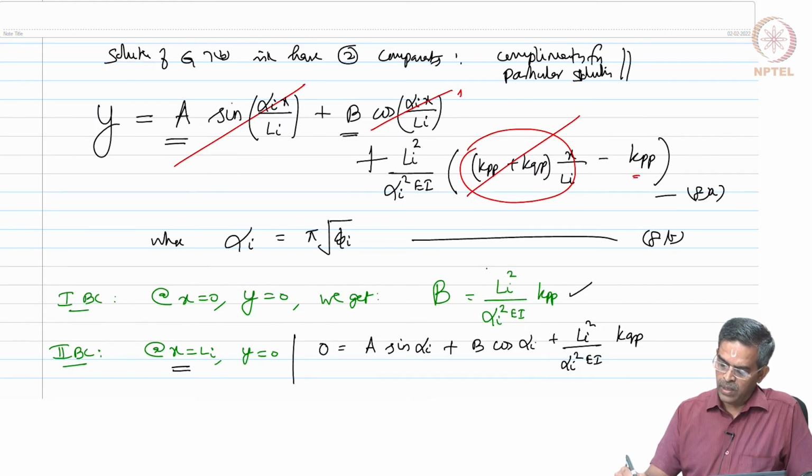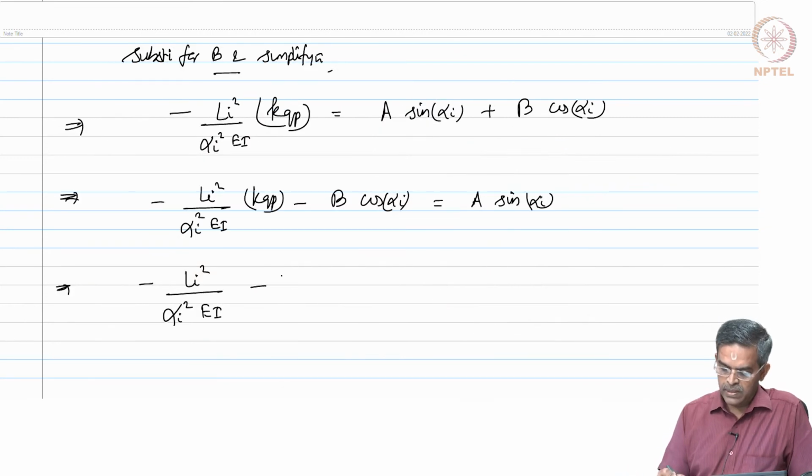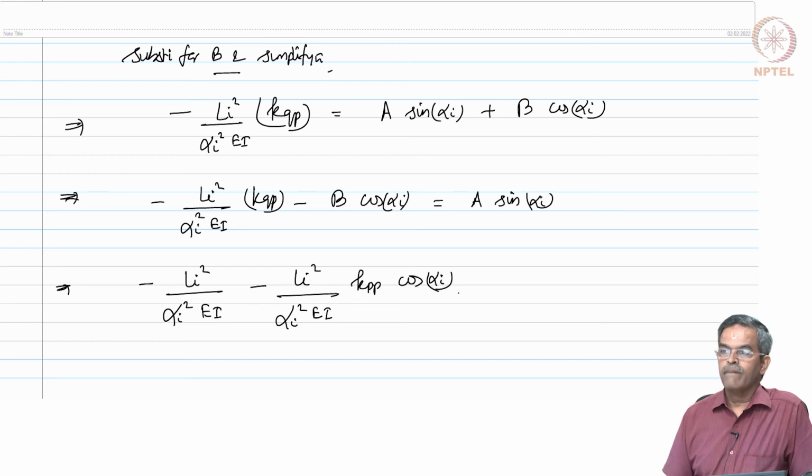B is Li square KPP. Okay, let us do this. So, minus Li square by alpha I square Ei of KPP of cos alpha I, which is A sin alpha I. Am I right?